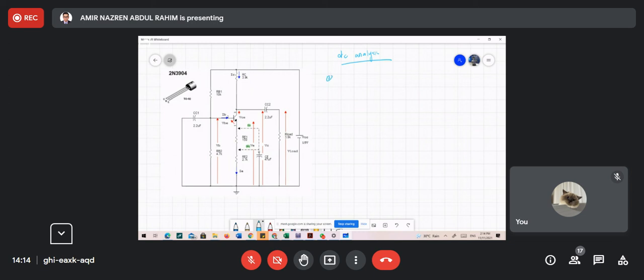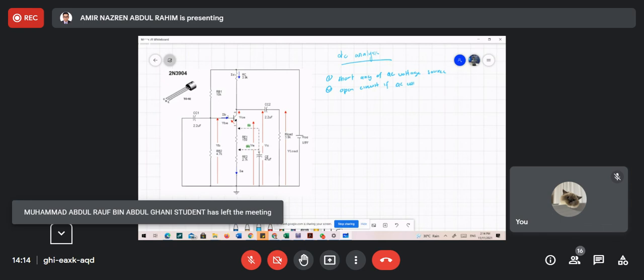In the AC analysis, we need to short any AC voltage source, or we open circuit any AC current source.